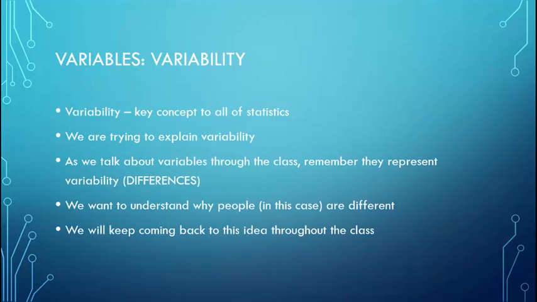And as I said, variables and variability is really the key concept in statistics. We are trying to explain variability in all of our studies. Our studies really come down to the question of, why are people different? So if I'm interested in studying level of depression, my question is really, why do people have different levels of depression?